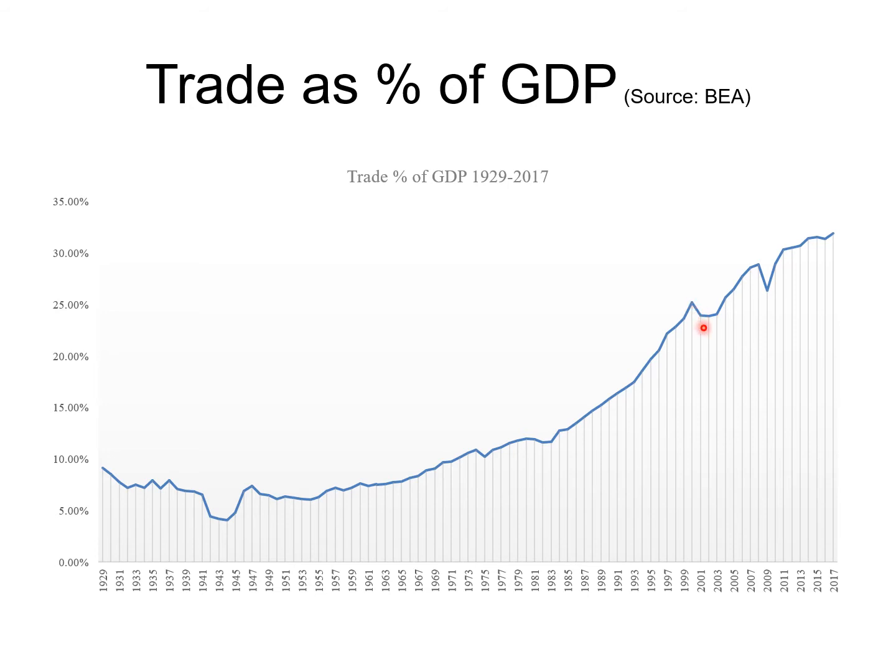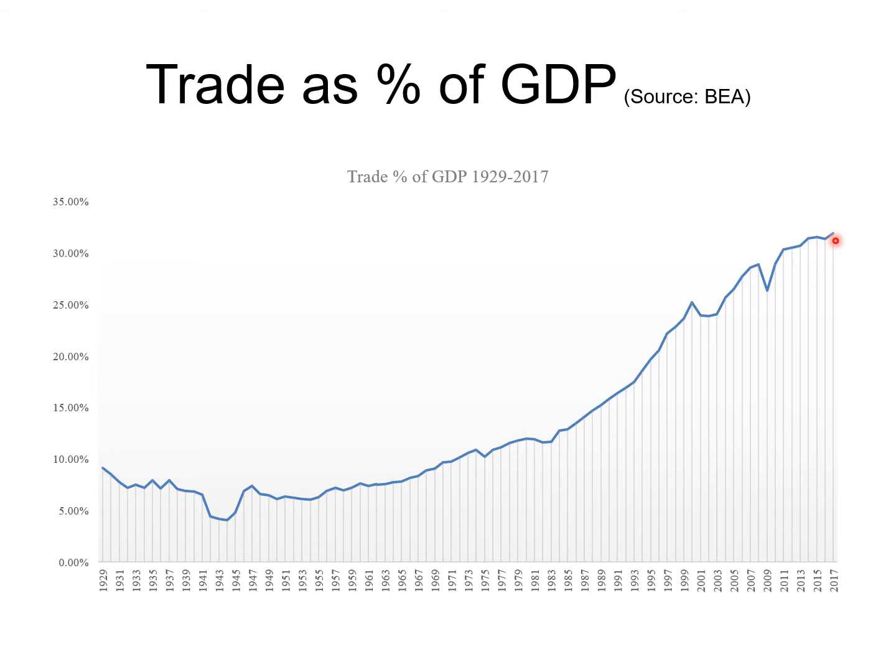Trade drops as a percentage of the gross domestic product, and you have a recession. Then we have increases in the volume. Then we have the Great Recession. Note, in the Great Recession, there is a decline in trade as a percentage of gross domestic product. After the Great Recession, you see trade is a greater percentage, up until the trade war, of course.